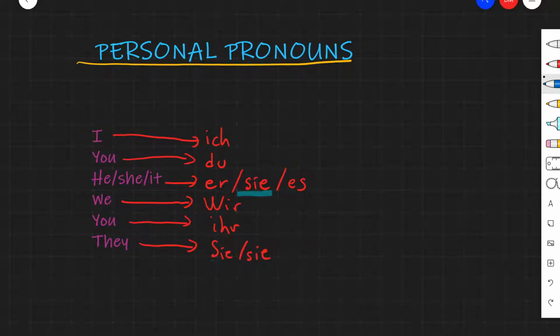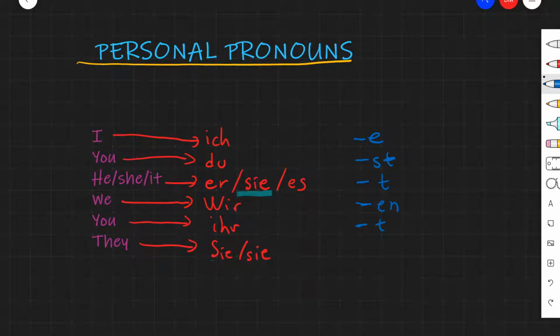So the endings that always follow the conjugation of a verb with ich is e. Du makes the verb always end with st. Er, sie, es with a simple t. Wir with en. Ihr again with t.